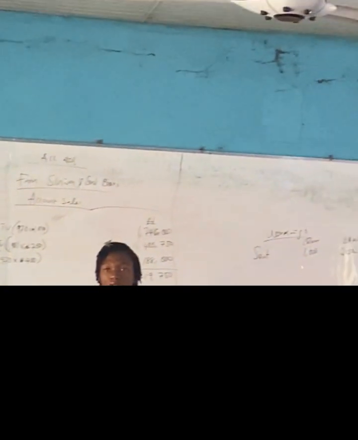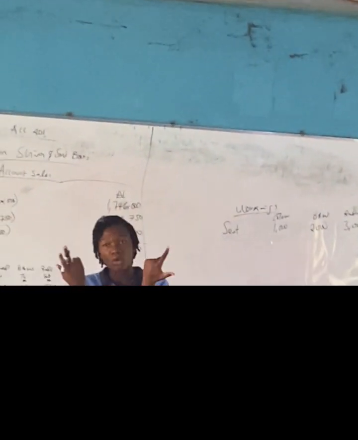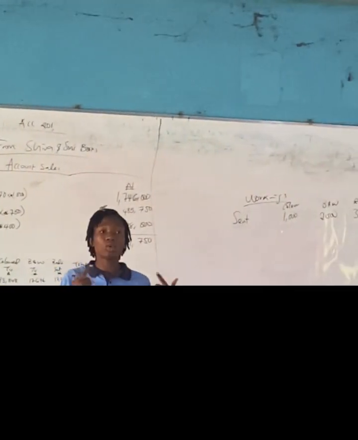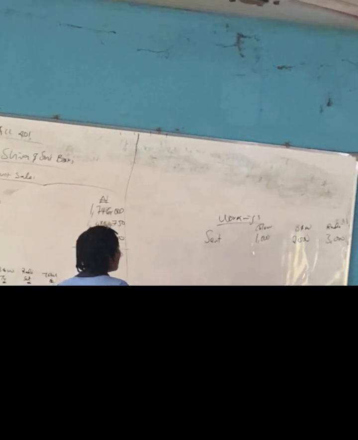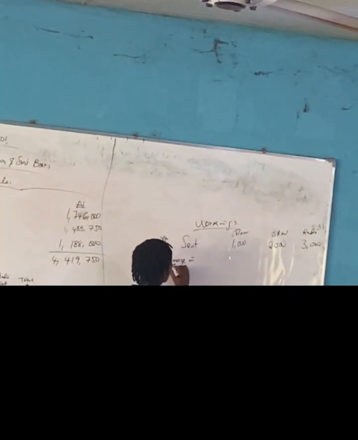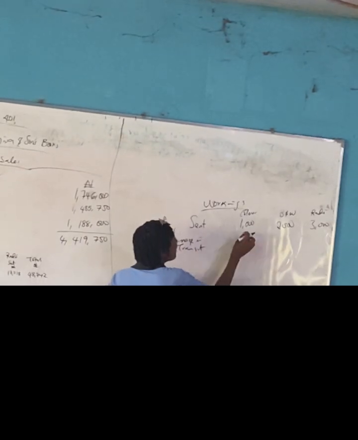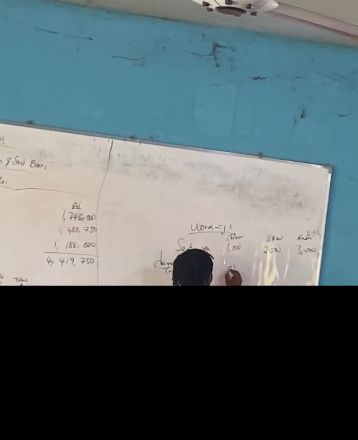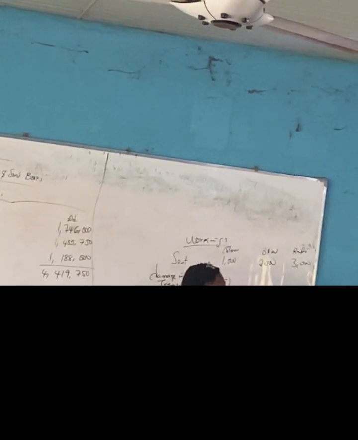No. So I said think like who? You are preparing an agent account, you think like who? Now, which ones were damaged in transit? Let's do damage. How many color TV were damaged in transit? 8. How many black and white? 2.